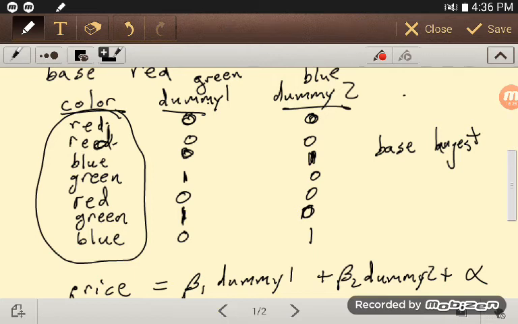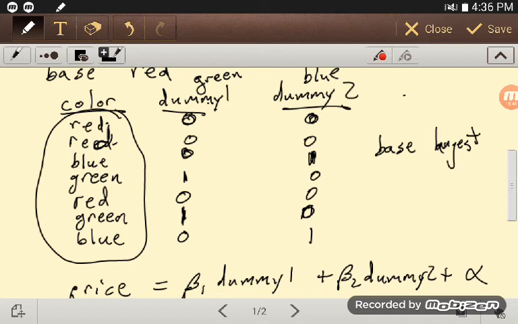But it doesn't have to be the largest case. If you're doing something like looking at whether somebody smokes or not, often the base case is a non-smoker, and then the dummy variable 1 goes with the fact that they're smoking.